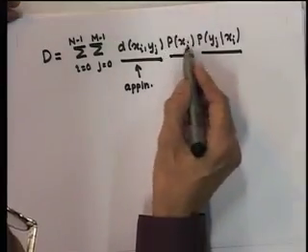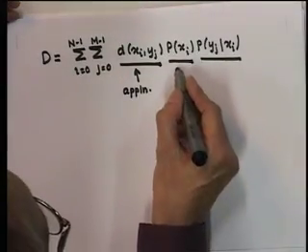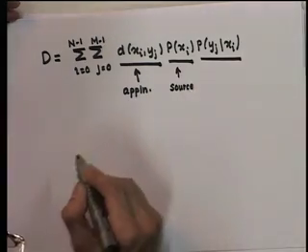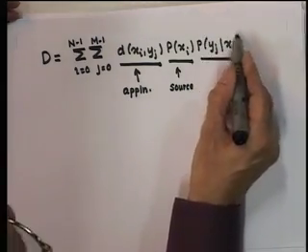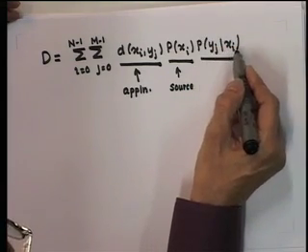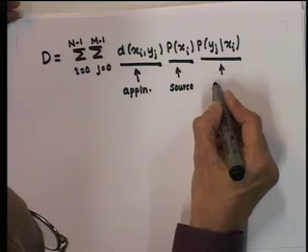The source probabilities are solely determined by the source. The third factor, which is the set of conditional probabilities, can be seen as a description of the compression scheme.